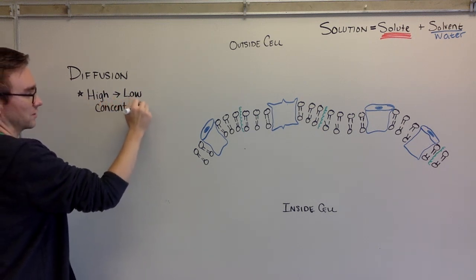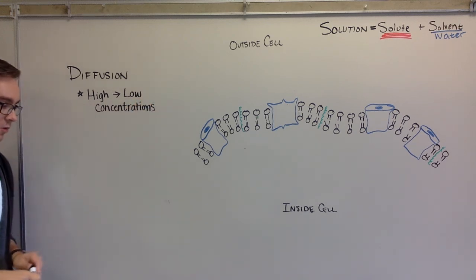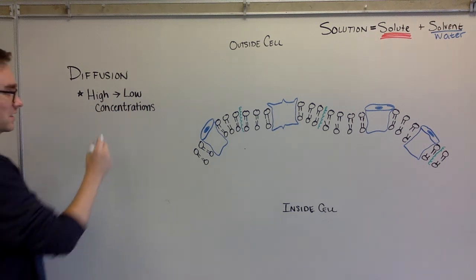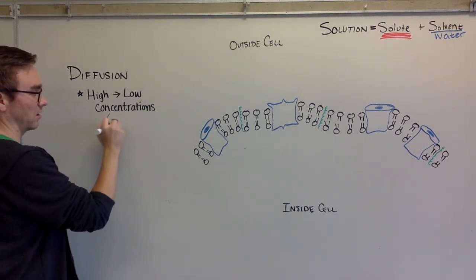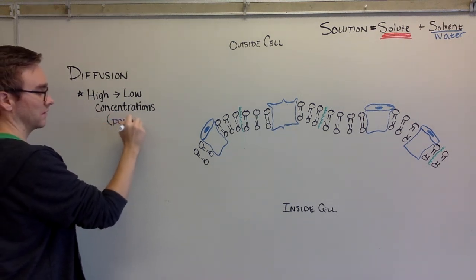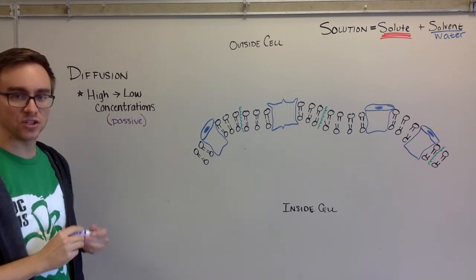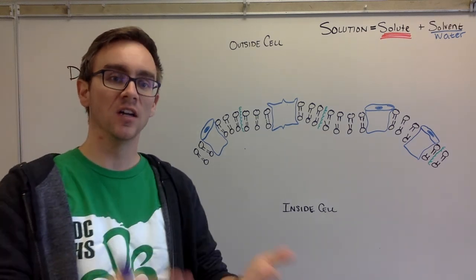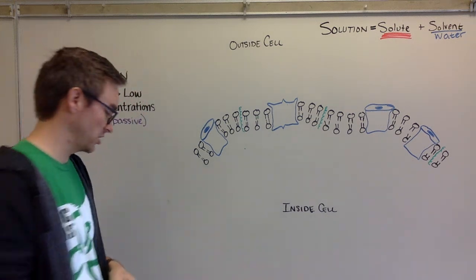High to low concentrations, which means, based on what we just talked about on the other side, that this is an example of what we call passive transport. Sometimes what we're going to talk about today is called passive transport because it's high to low concentration.